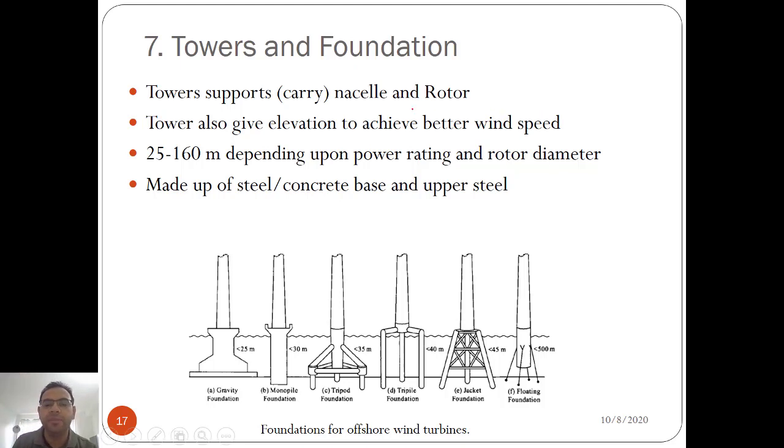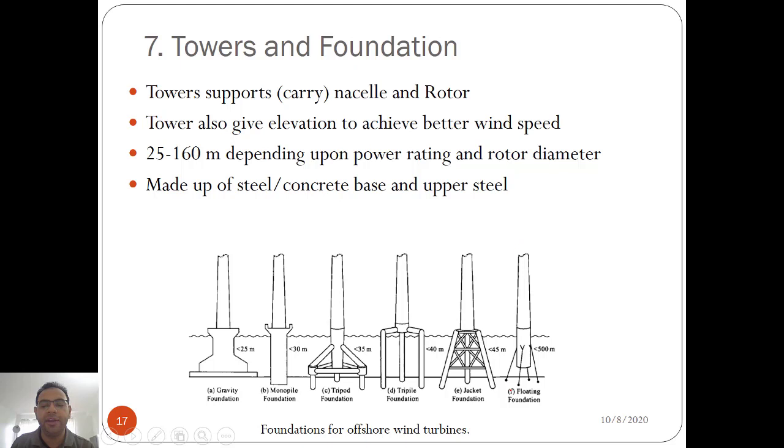We will study more about how height affects the wind speed and how wind speed actually affects the power generation in our coming lectures. The tower can vary in length from 25 to 160 meters in height.